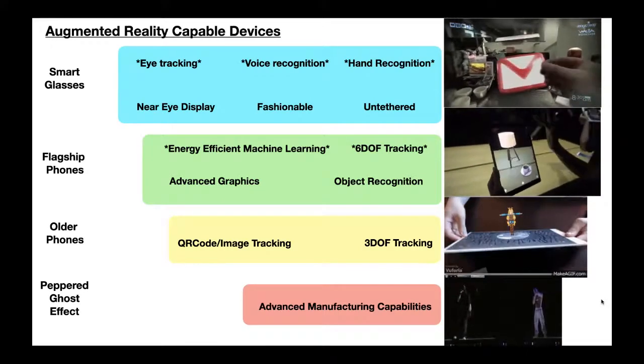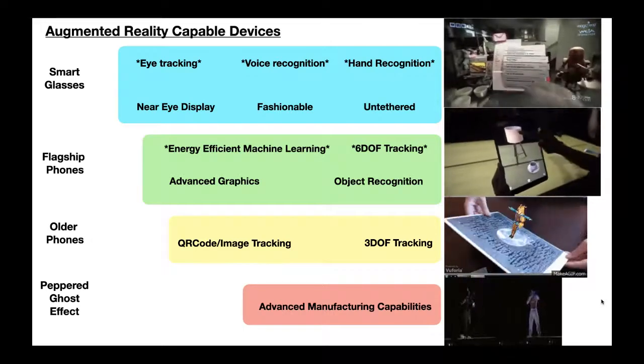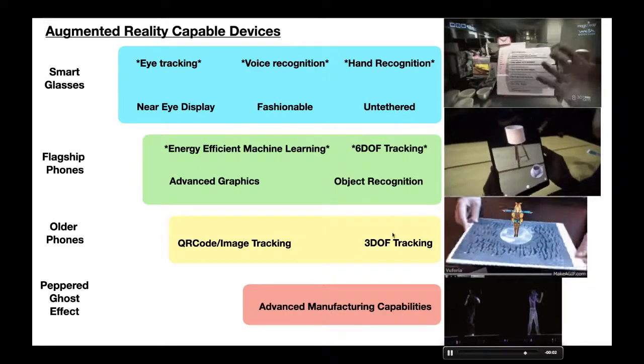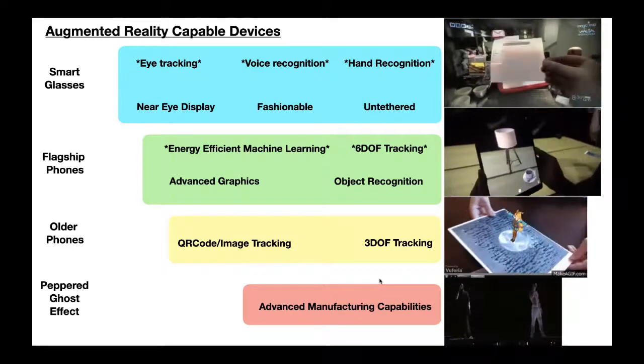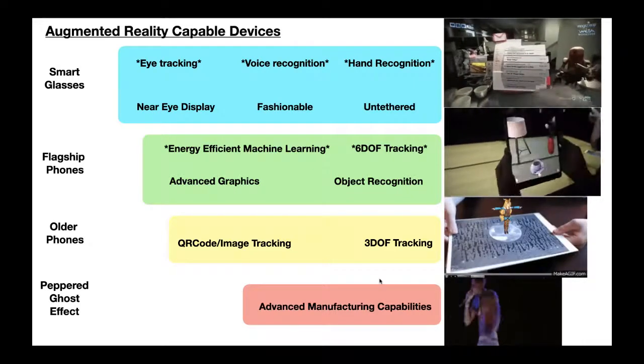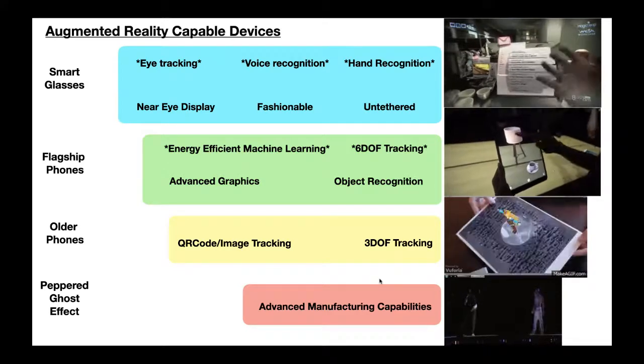It looks like they're really performing on stage. And it's a really cool effect. But there's not too much work that goes into this. I mean, there is, but when you compare it to the things that are up top, it's not really that hard. So this is the most basic form of AR. It was invented in the 1860s, I believe. Don't quote me on that, but it's really, really old, most basic form.